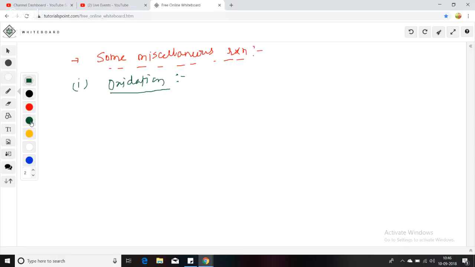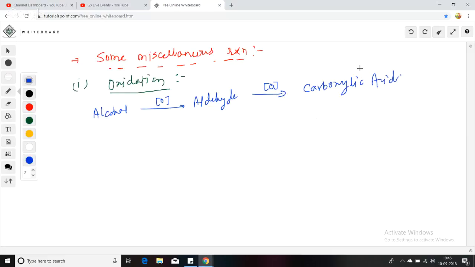So, general thing if you write here, alcohol under oxidation gives you aldehyde, and if you do not stop the reaction till here, finally aldehyde converts into carboxylic acid.